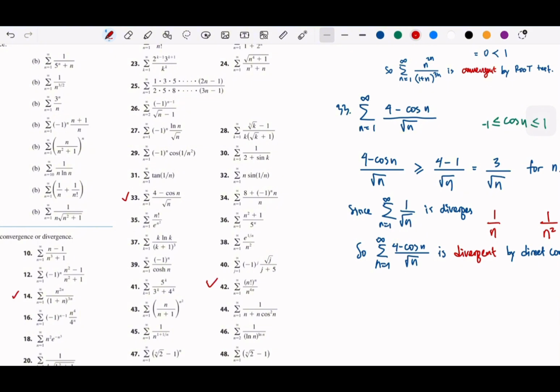We have power of n, power of n. I think we can agree this is going to be the root test. I believe you can do it. You can check using the root test. So let me write here first. Root test.